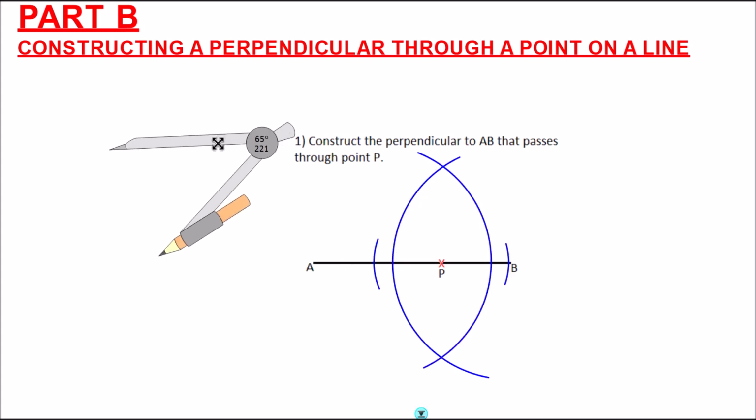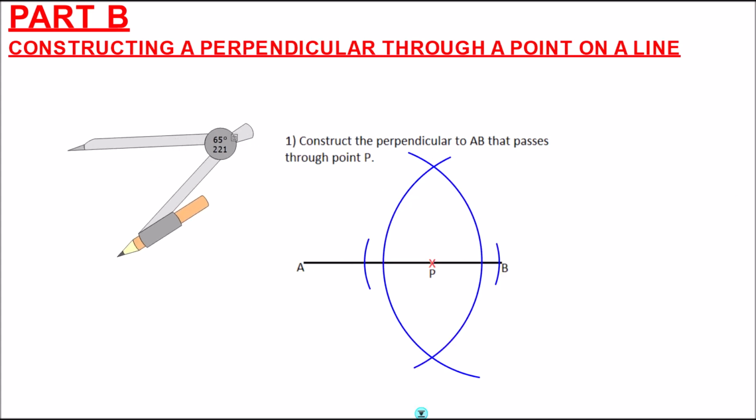Move the compass needle away. Now we need our ruler, and we're going to do a straight line through both points here where the curves cross each other. And what we'll find is we'll have a perpendicular bisector that goes through both curve crossings, and it will cut straight through P. And so it's a perpendicular bisector that passes through point P for that one.